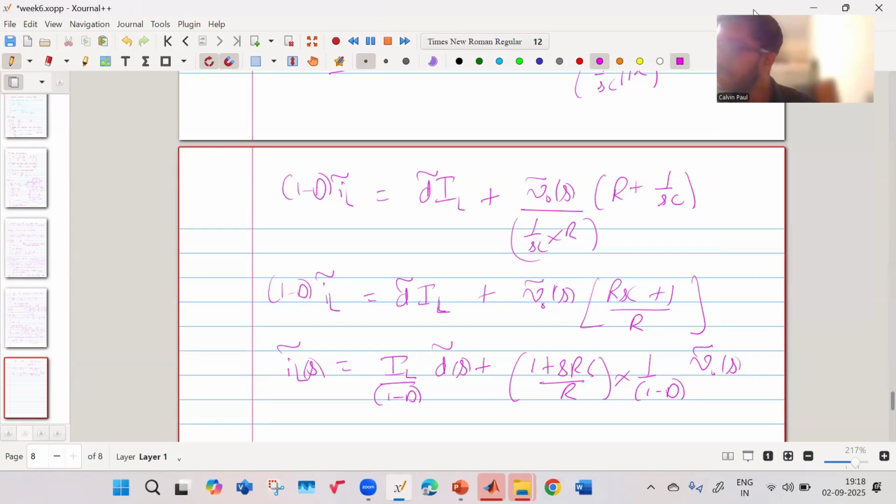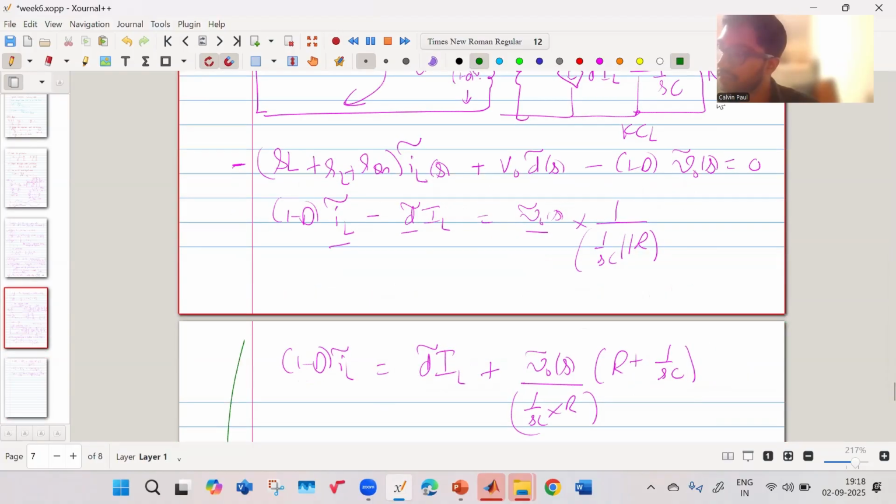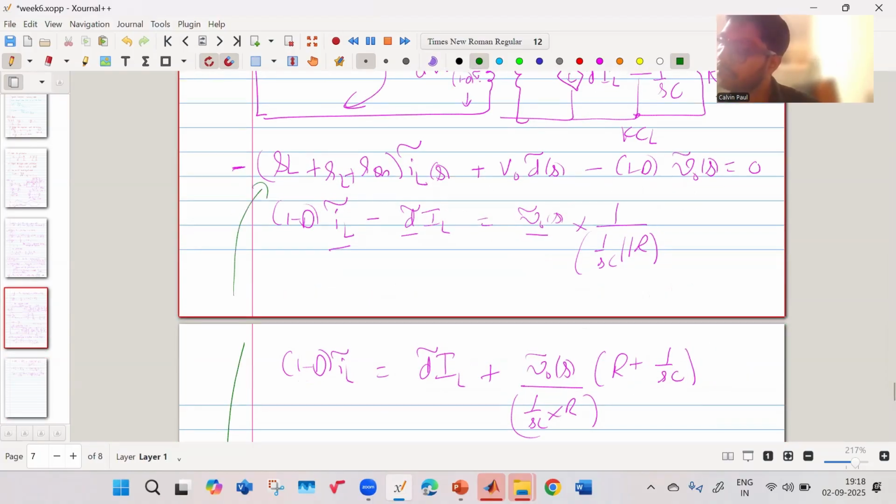So now we have got IL per term of S. Now we will resubstitute that into this equation. Okay.